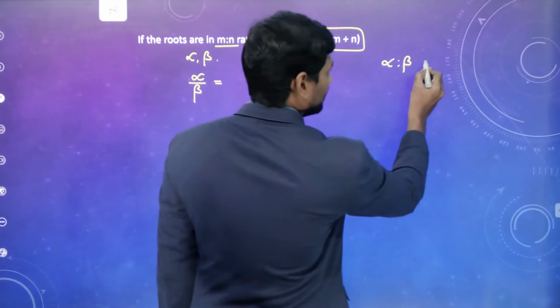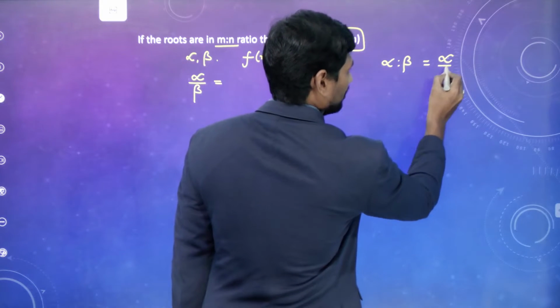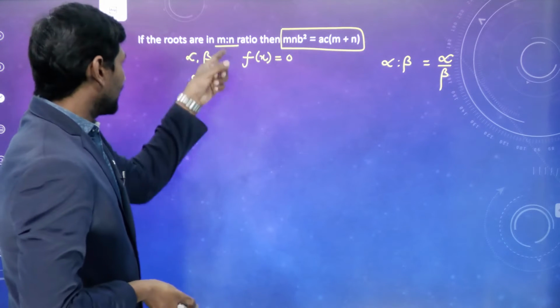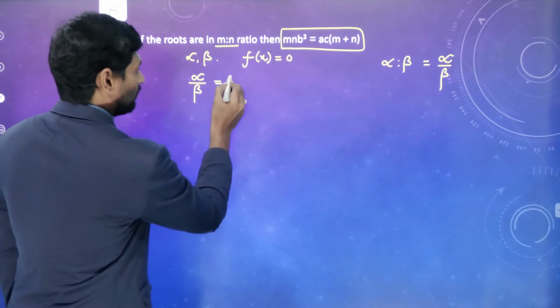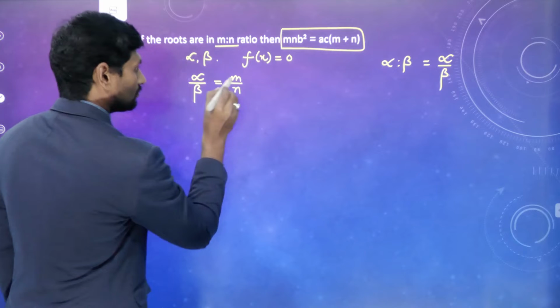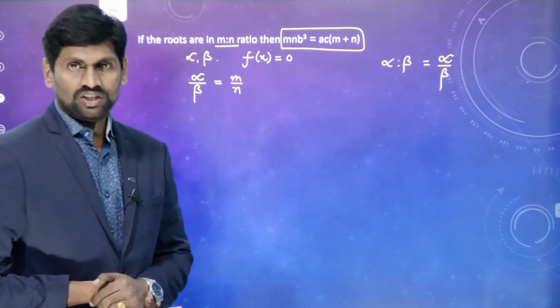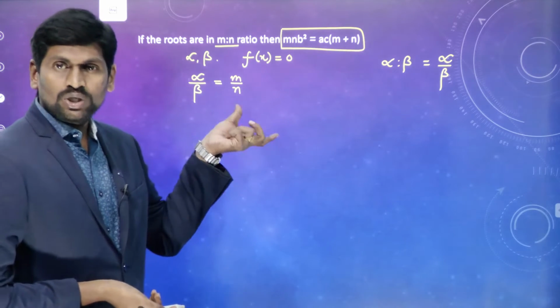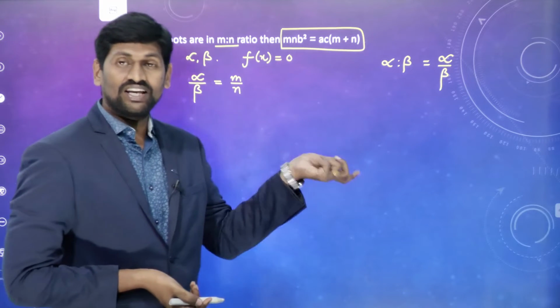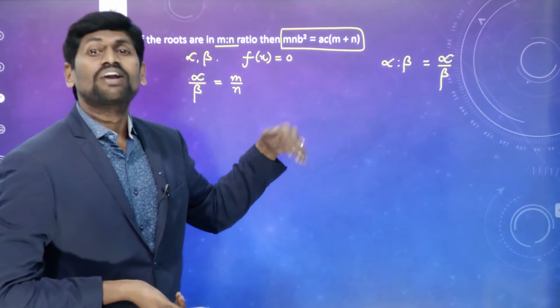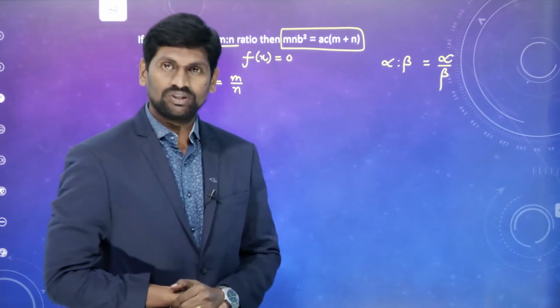When you write alpha is to beta in fractional form, you should write it as alpha by beta. The ratio is already given, that means alpha by beta equals to m by n, nothing but m is to n. Now I have changed them into fractional form.